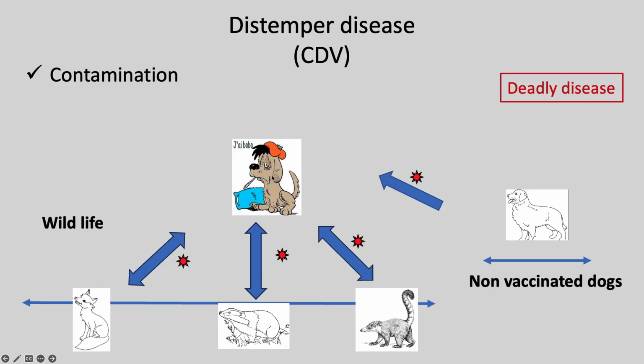The main risks are of two categories. The first one is wildlife, because we know that the virus is circulating in wildlife. But the second risk is also non-vaccinated dogs. And we know that when we don't vaccinate enough dogs, we can have epidemics of distemper disease.